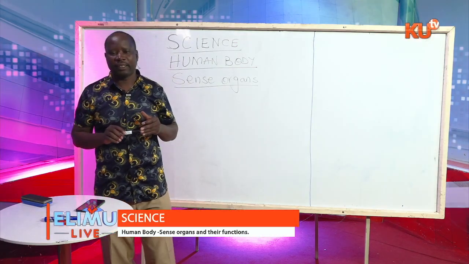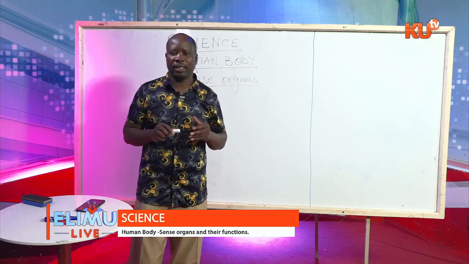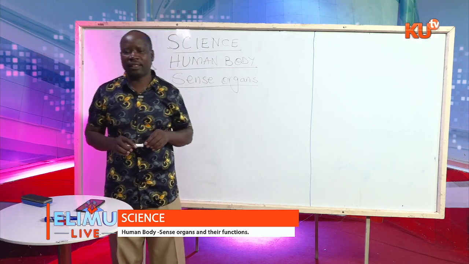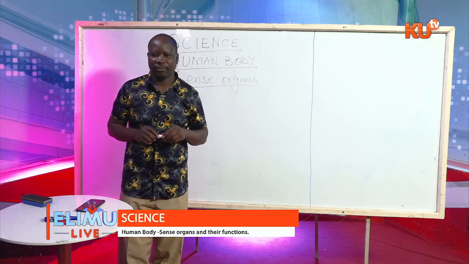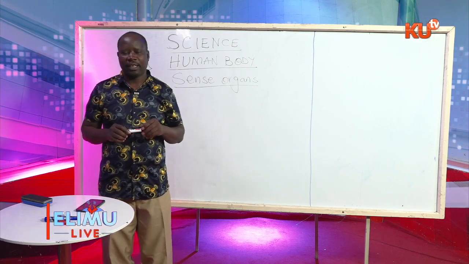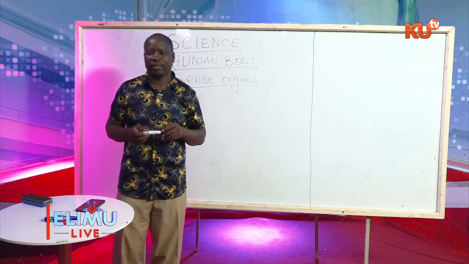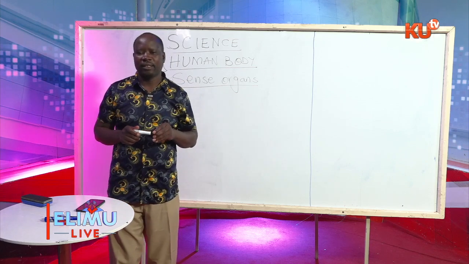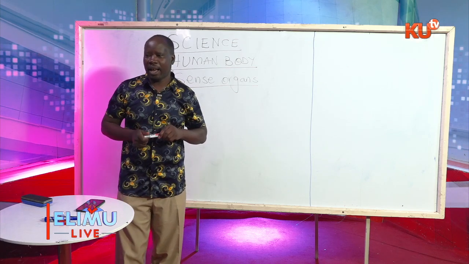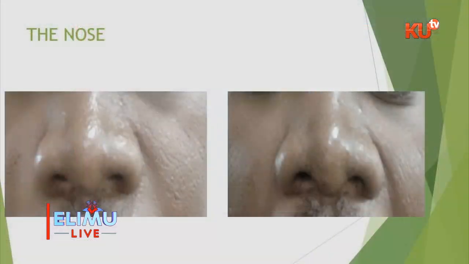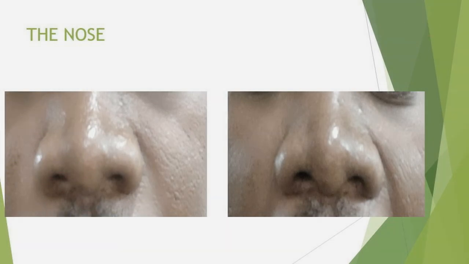Now let's move to the third one and see which is this third sense organ. The first one was the eye, followed by the ear. Then we have the third one.